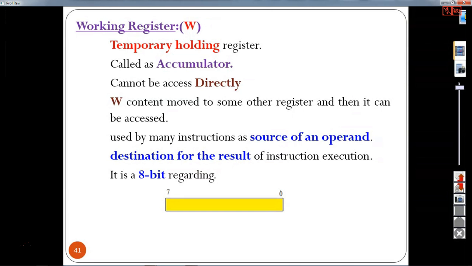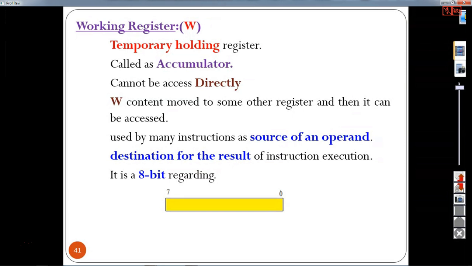TO is timeout: it watches whether the watchdog timer timeout has occurred. PD is power down: it watches whether the sleep instruction is executed. 1 means power up, 0 means sleep instruction.